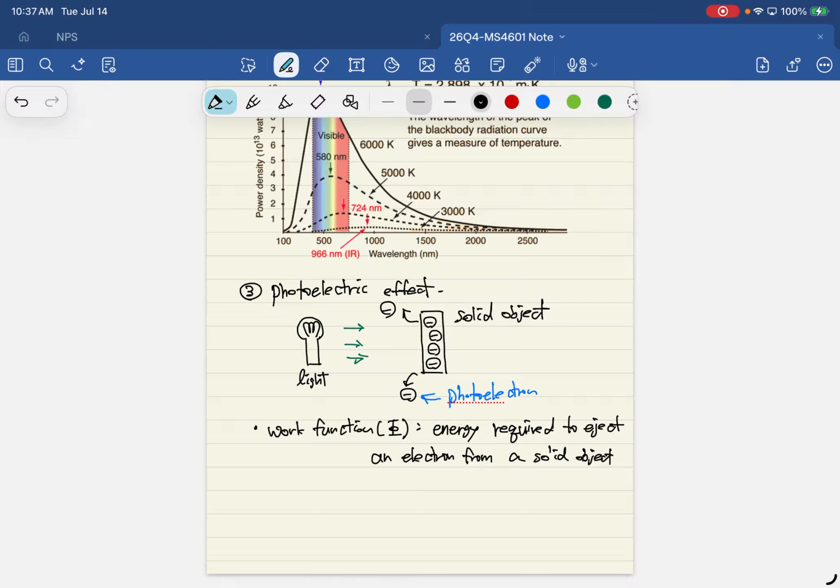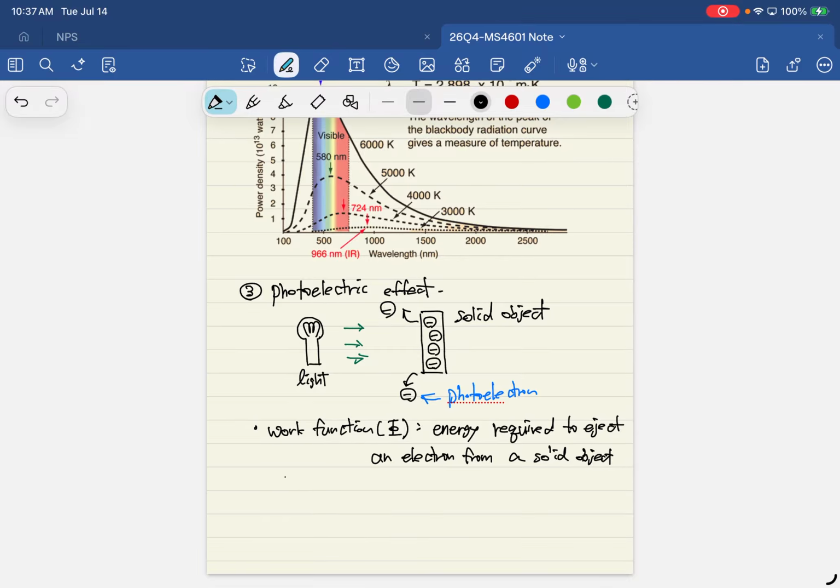For example, this electron is stable, right? This electron is bound to the nucleus, in a stable form. So we have to input sufficient energy to break that bond, and that energy is called the work function. So this defines the energy required to eject an electron from a solid object.